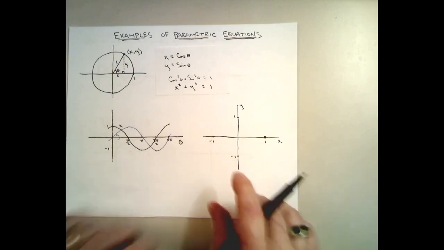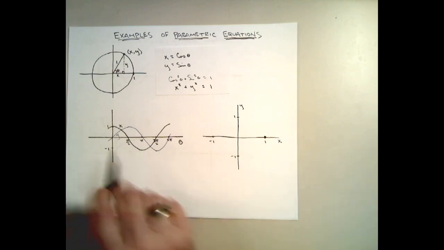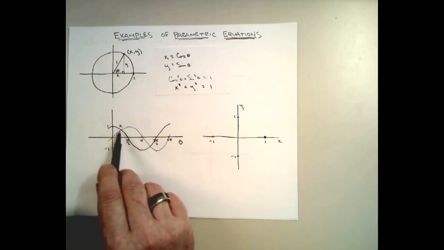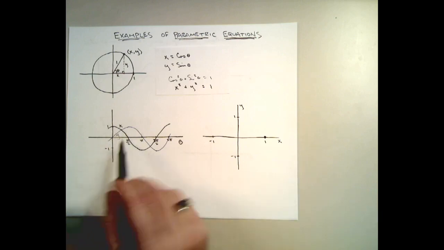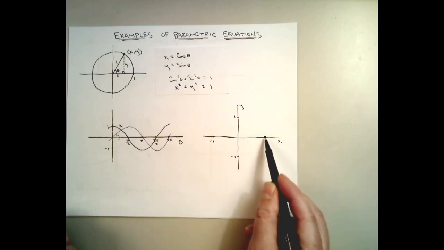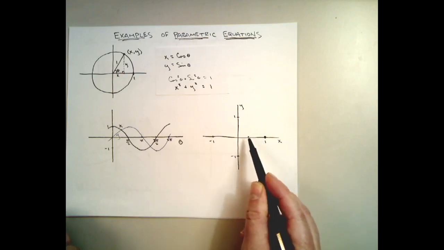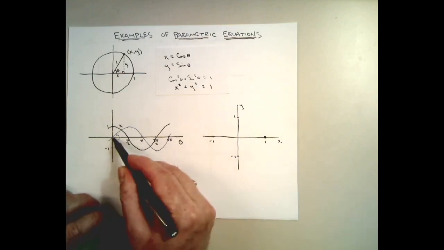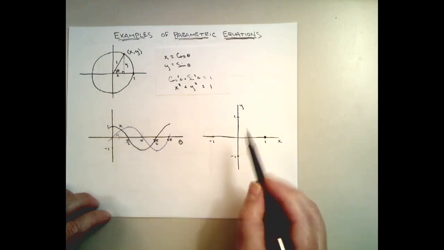This tells me that my X values are going to get smaller, so my X values are going to move in this direction at the same time that my Y values are getting bigger.